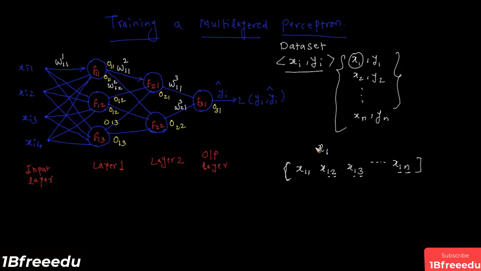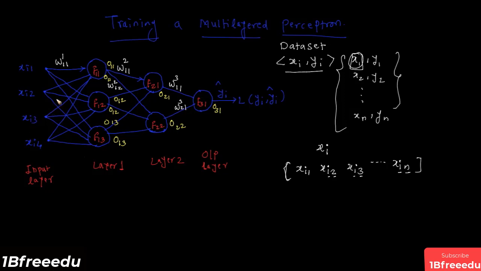So if I have xi, this becomes xi1, xi2, xi3 and xin. That is how I can represent this input xi, which has n dimensions, right. That's what we are doing here. We are giving xi as input here with 4 dimensions or 4 features. Here every input has 4 features.